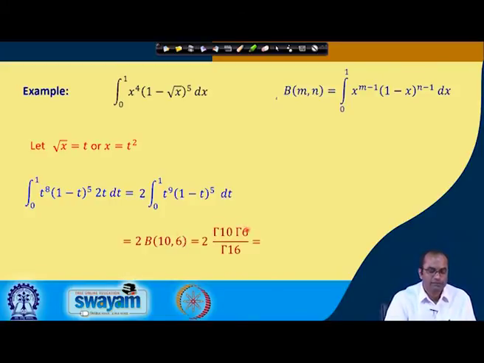So, gamma 10, gamma 6 and gamma 16, by the formula just shown before, and these gammas we can evaluate. So, this is factorial 9, factorial 5 and factorial 15, and again we can simplify this and the number coming is 1 over 15015. So, we can evaluate several such integrals with the help of the beta function.